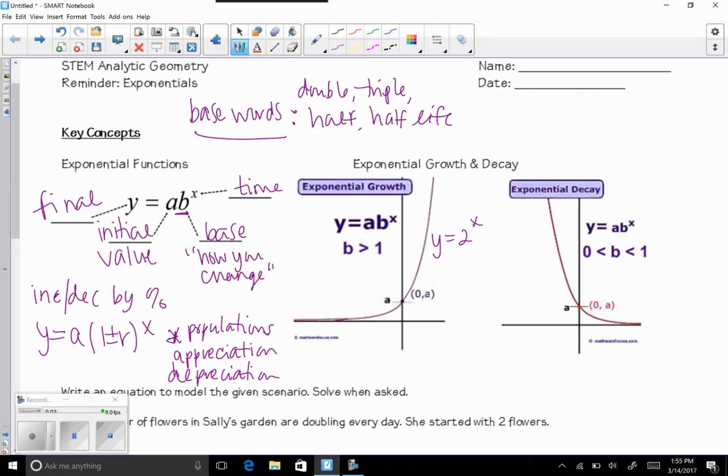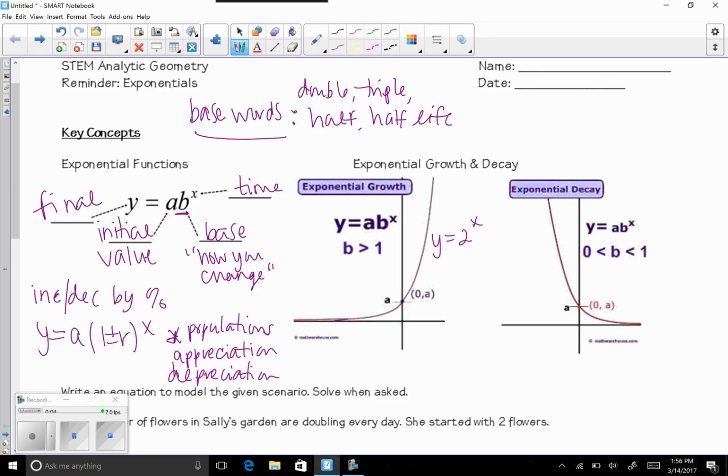And all that means is when something increases by a percent, it's not going to be a constant amount every time, because 10% of 100 is 10. So if I had 100 and I add 10%, I would have 110. And then if I take that 110 and add 10% more, $11 would be added this time. So instead of adding 10 again, it's $11.